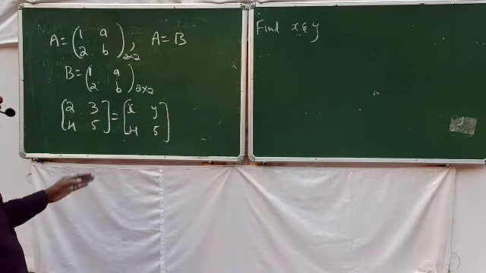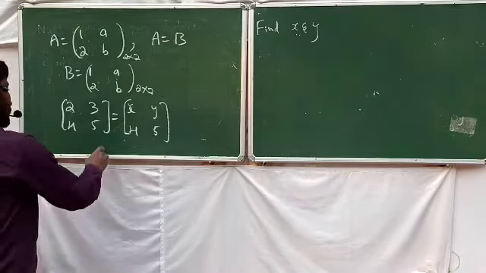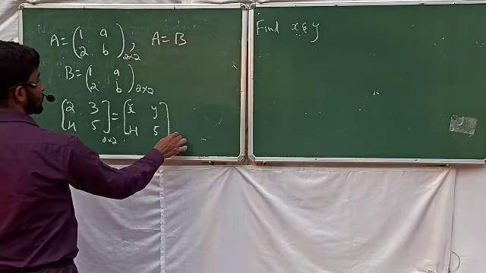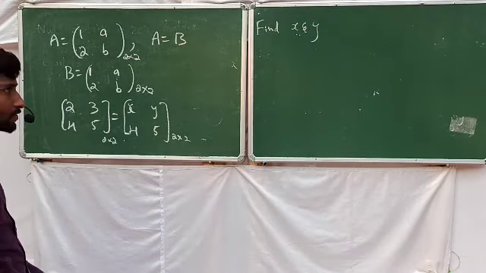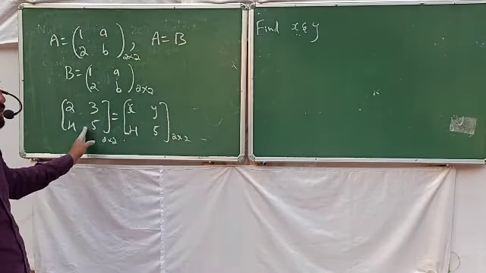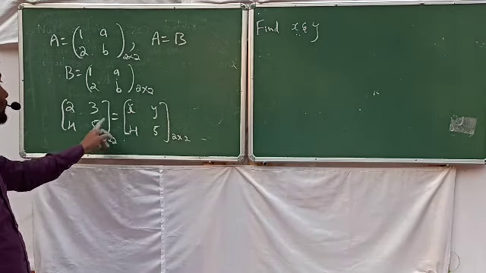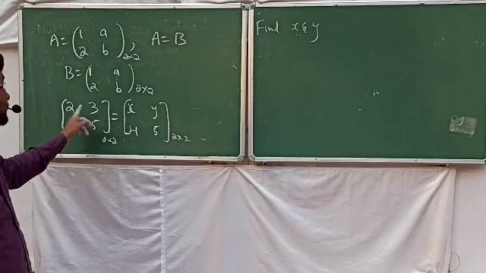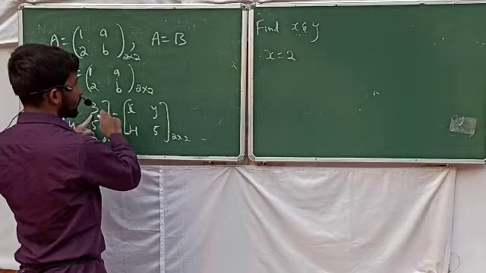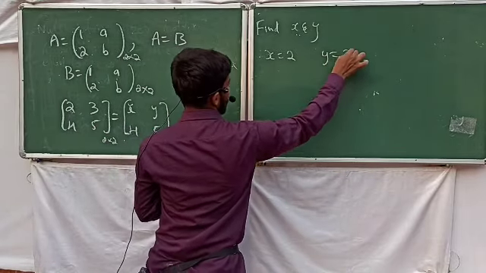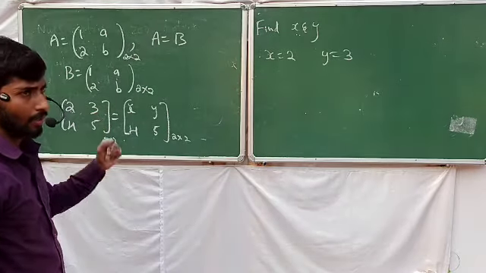First check the order. They are given as equal, so the order must be the same. What's the order here? 2 by 2. Here also the order is 2 by 2. Use the second condition: two matrices are equal means their corresponding elements are equal. 4 is equal to 4, 5 is equal to 5. Compare: you will get the x value equal to 2 and the y value equal to 3. This is the definition of equal matrices.